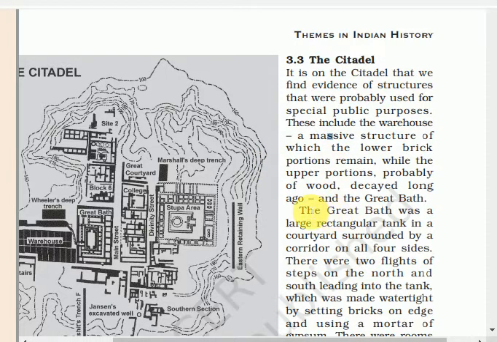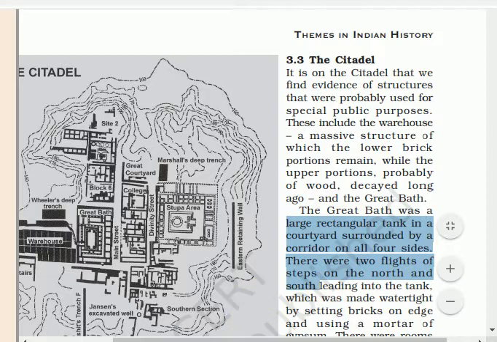For example, there is the Great Bath, a structure which is a large rectangular tank in a courtyard surrounded by a corridor on all four sides. There were two flights of steps on the north and south.